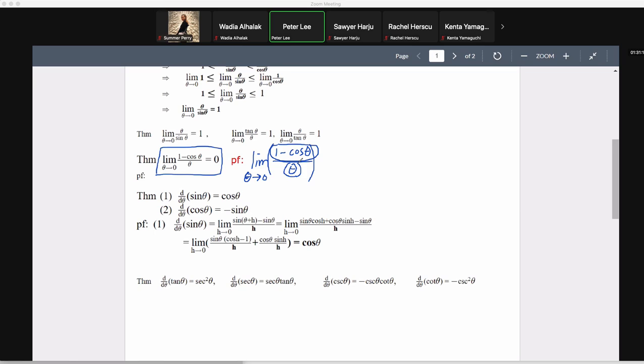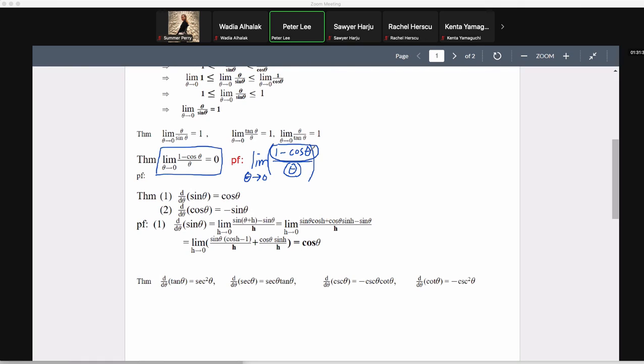The greatest integer function is one which is not continuous, but practically all the functions you know so far are continuous, except at points where the function is not defined. In this case, theta is approaching 0, so we plug it in.